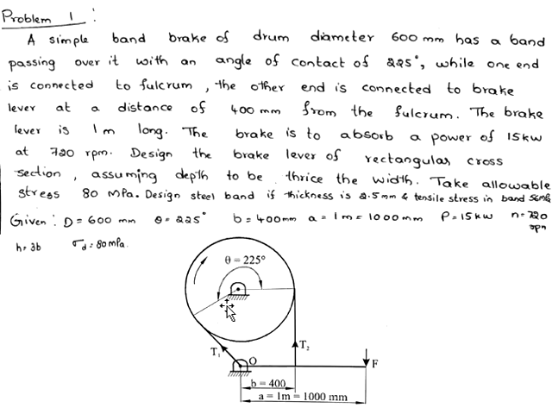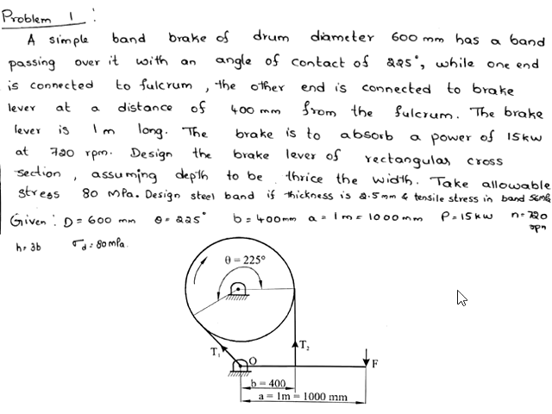One end is connected to the fulcrum, the other end is connected to the lever at a distance of 400 mm from the fulcrum. Based on this 400 mm, you can locate the second point also. The brake lever is 1 meter long, so the total length of this lever is 1 meter or 1000 mm.